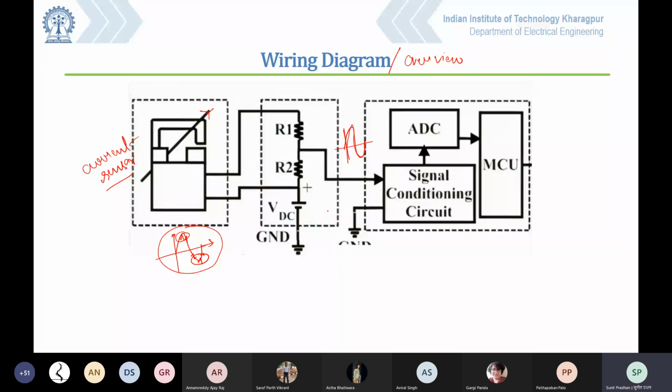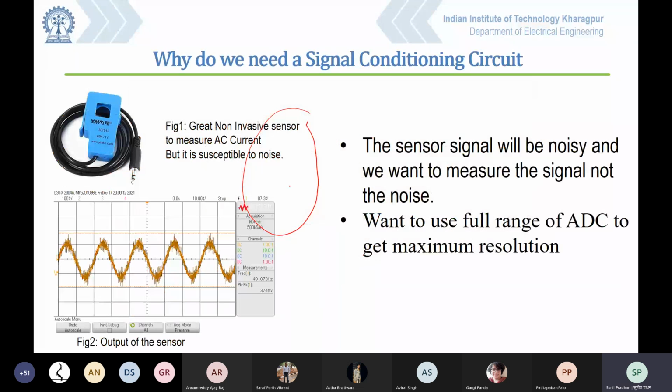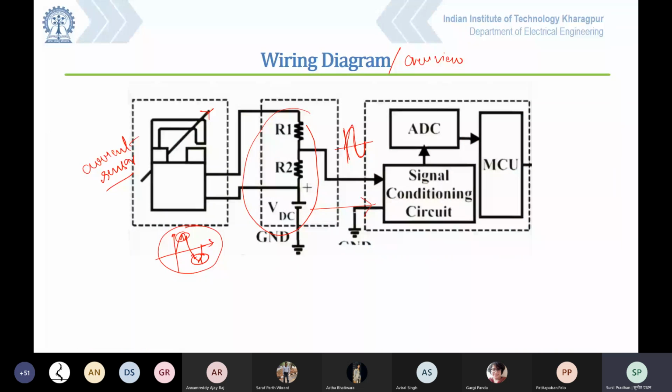All this circuitry will be present in my signal conditioning circuit only, and this smooth sine curve will go to the ADC, where I will perform the conversion from analog to digital, and this digital signal I will take to my microcontroller.